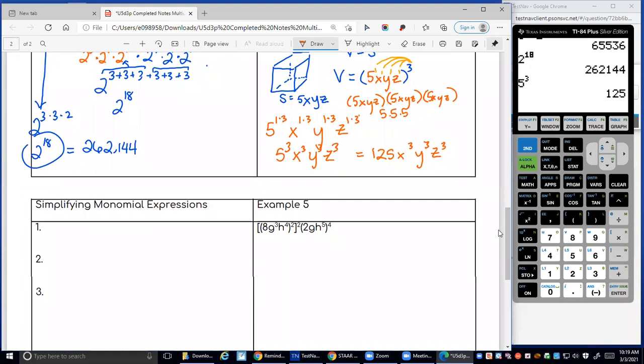All right, let's keep trying. We're going to get into more complex things that we need to simplify, and there are some general rules, okay? First rule is, and I have it here, aha, there we go. Number one, each variable base appears exactly once.